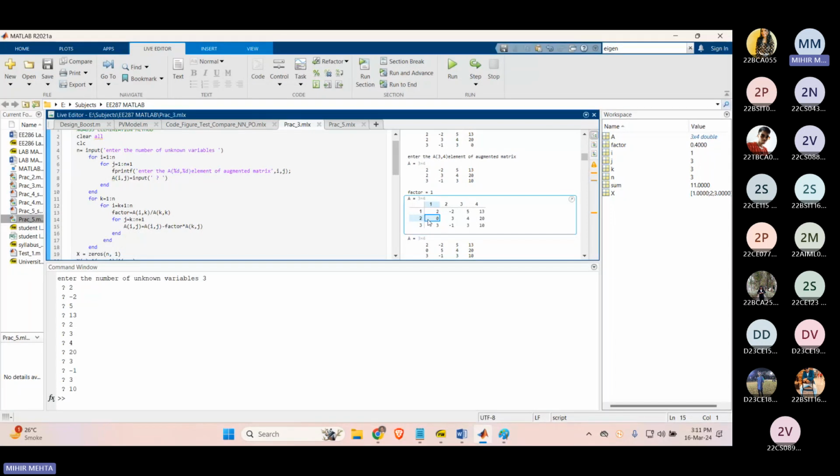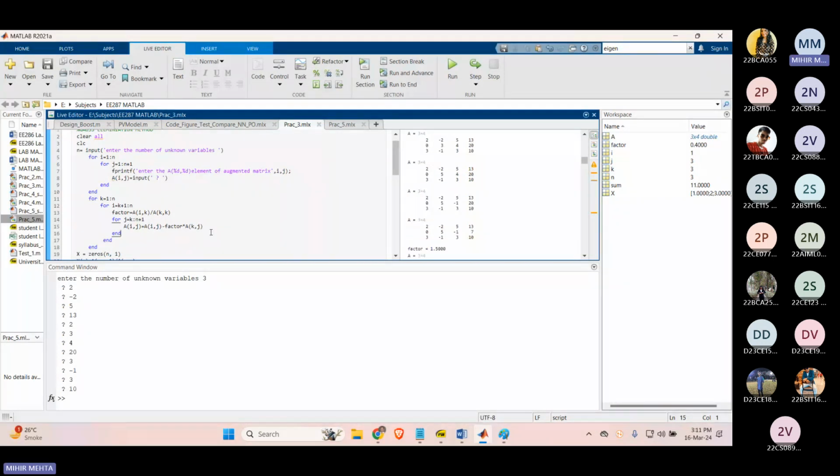So A21, this particular value, which was initially 2, minus my factor value 1 multiplied by my AKJ, where my K value is also 1 and J value is also 1. Okay, so that is this. So 2 minus factor value 1 multiplied by the value of A11. So this turns out to make my value of A21 as 0. Any doubt so far?